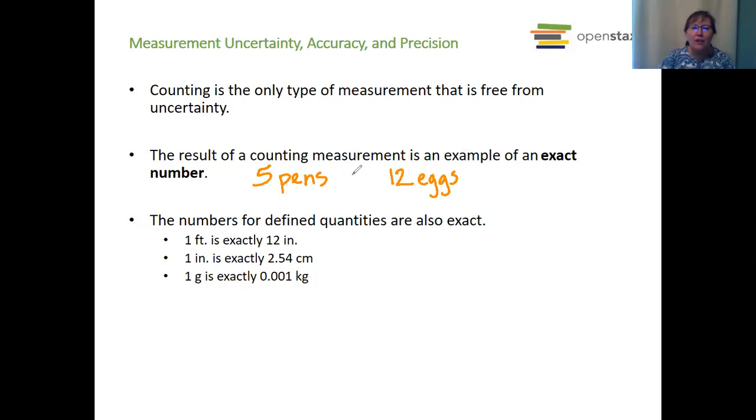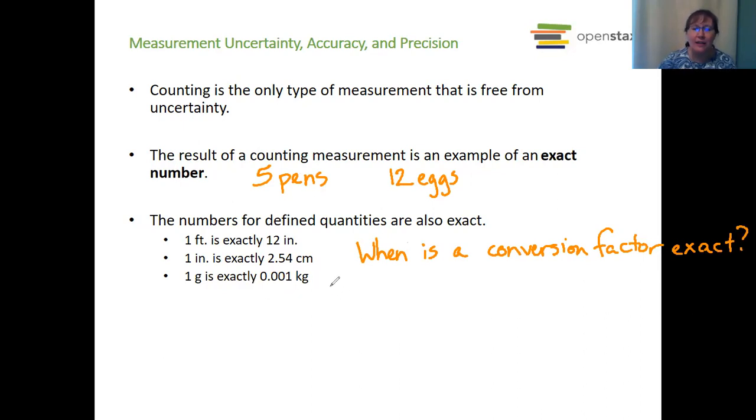Okay, now there's a few numbers for defined quantities that are also exact, but this isn't all the time. There's only a few of them. So let's talk about when is a conversion factor or a defined quantity exact. Okay, and the first answer is within a system.